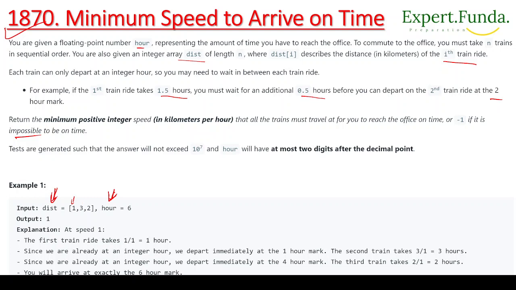We are talking about the 0 to n trains we have been given. We need to complete this journey, riding all these trains, within the given time.